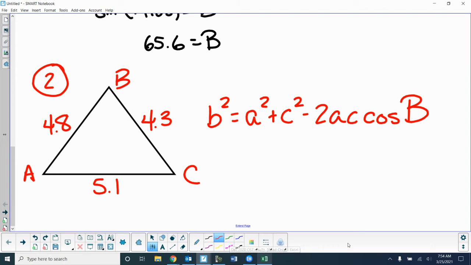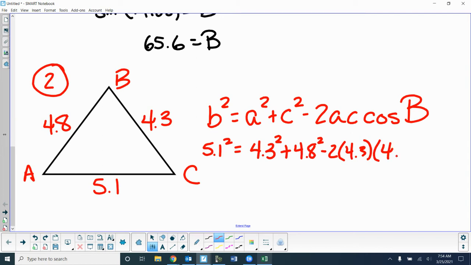Okay, so B is 5.1, and A is 4.3, C 4.8, and we're going to get cosine of B by itself. I have to get that cosine of B alone.